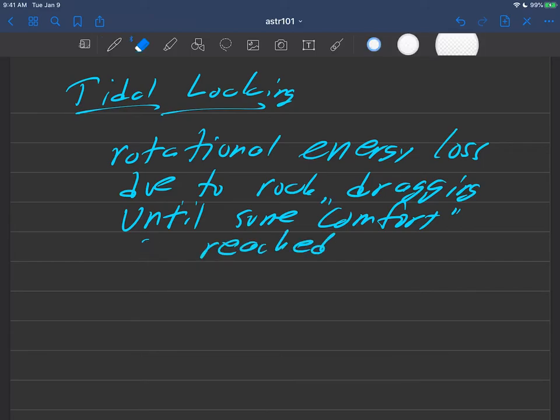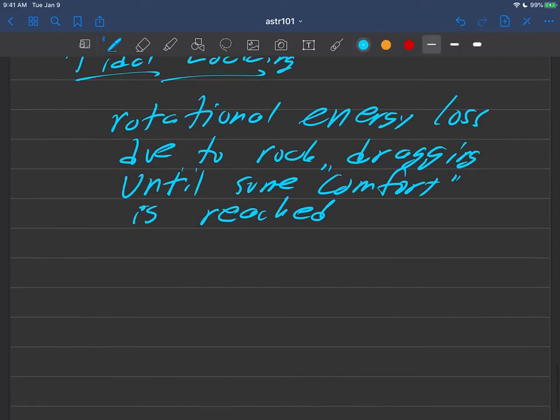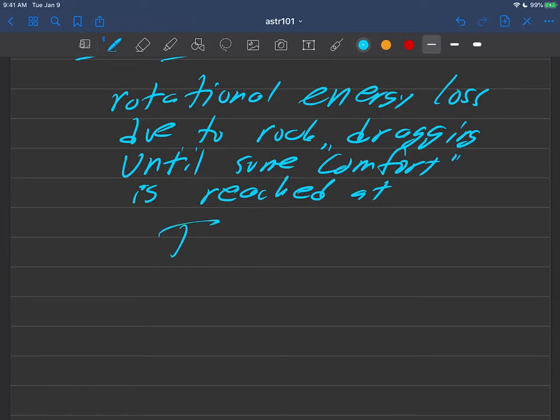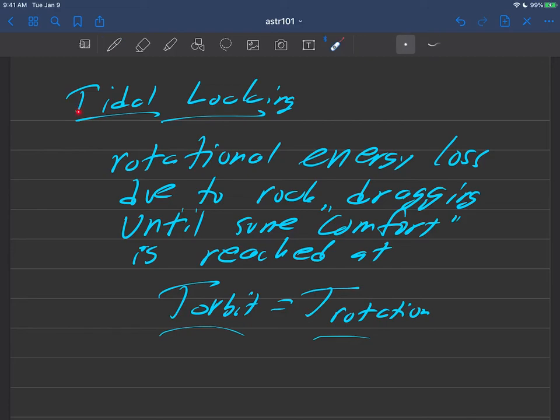And at the moment, the comfort is reached at T orbit equal to T rotation. Tidal locking: rotational energy loss due to rock dragging until some comfort is reached at T orbit equal to T rotation. The rock dragging line can even be tweaked up a bit: rock dragging or warping, which is the consequence of that, until this is finally reached. And that in a nutshell is what happened.